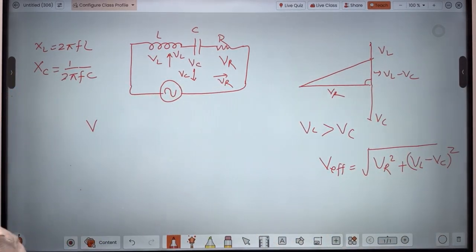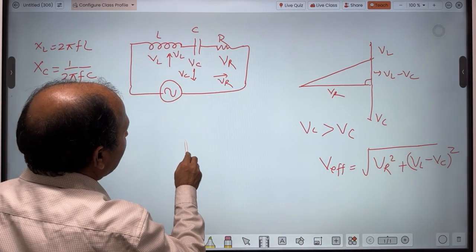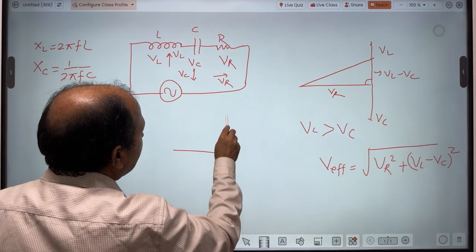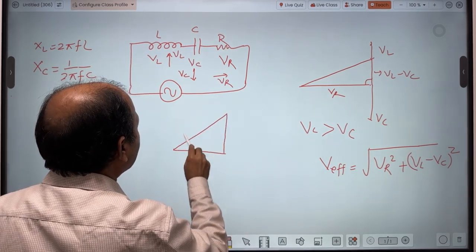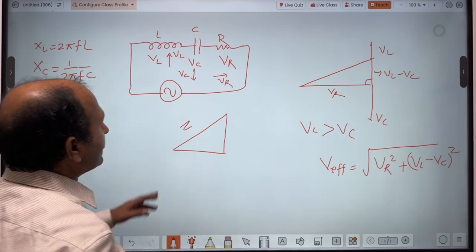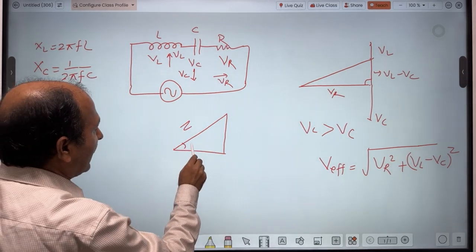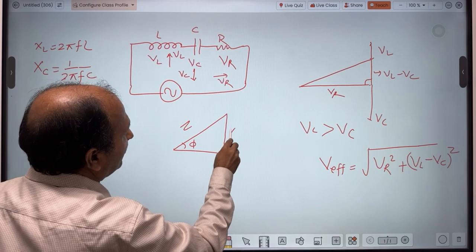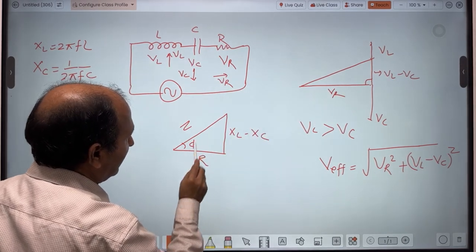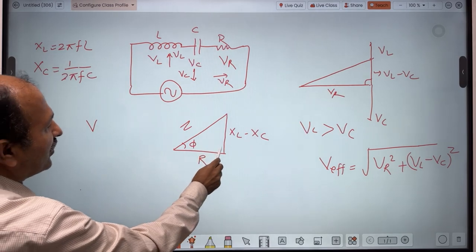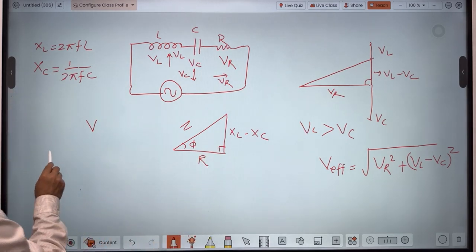Now here if we find resistance, the same situation will be for resistance, and in such case resistance will be called impedance, right? So let's denote it as Z, this angle as phi, and here it will be XL minus XC, and this is R, right? So we can apply Pythagoras theorem. This angle is 90 degree.